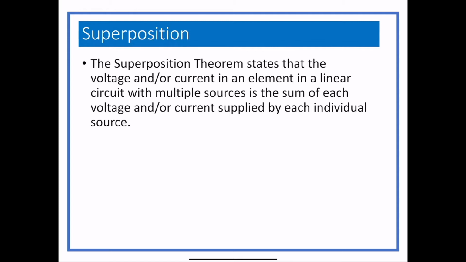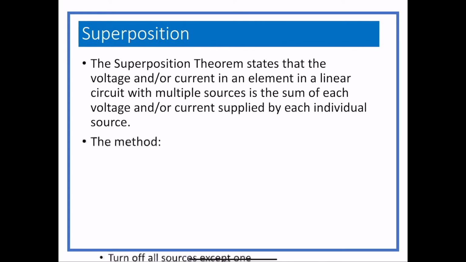You can't do this with power. If you wanted to find the power in a resistor, you can't find the power dissipated by each one and add those up. That doesn't work. But voltage and current works the same way.